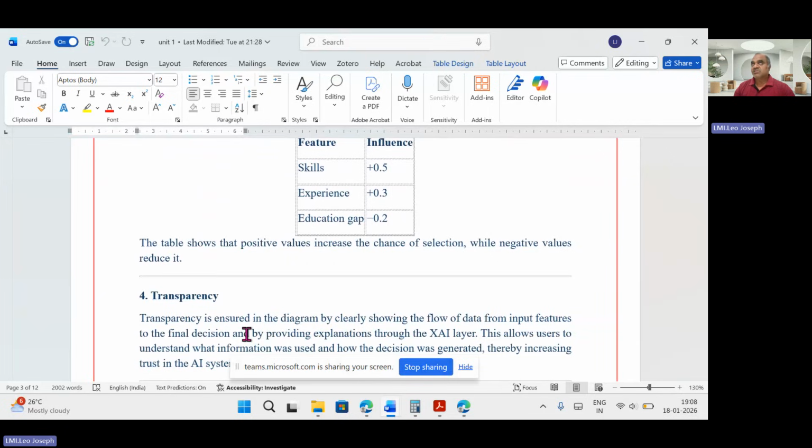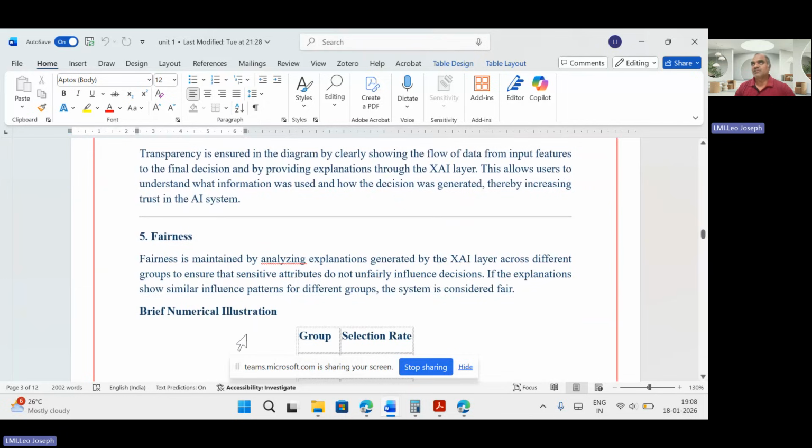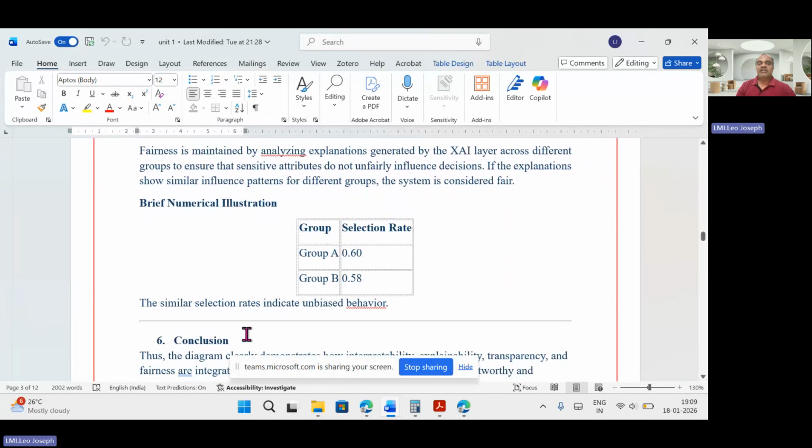If the system is interpretable, automatically it is a transparent model. I can know each and every move of the system, then that is a transparent model. If it is a transparent model, automatically the decision is very fair. It is a fair decision. Okay, so these are the three key terms: interpretability, transparency, and fairness.